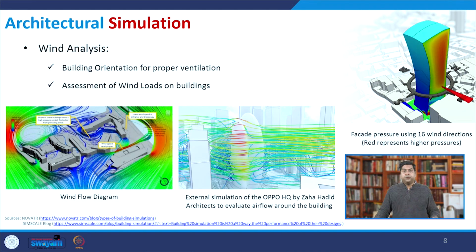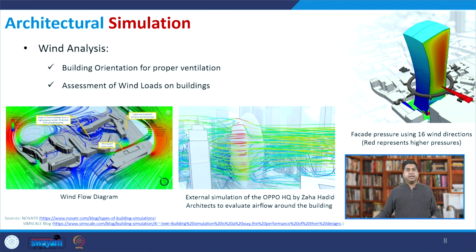I talked about wind as a factor. So wind analysis is also very important, and for that we do testing like the tunnel effect and all. So: building orientation for proper ventilation and assessment of wind loads on buildings.